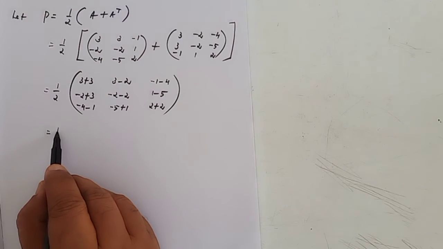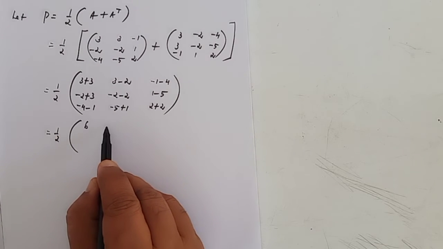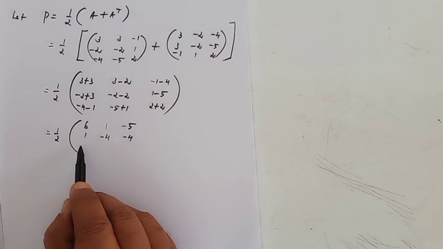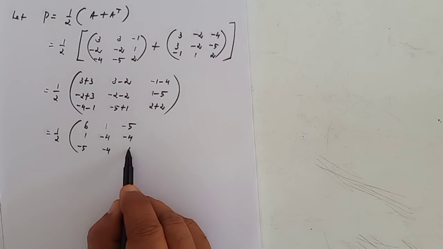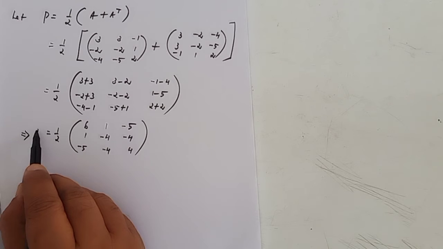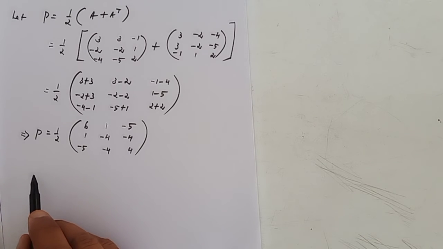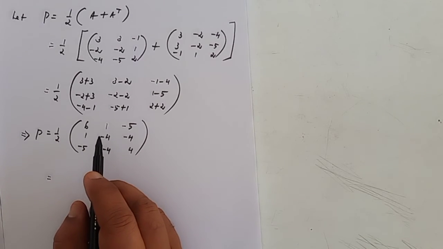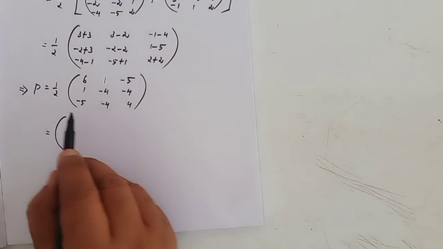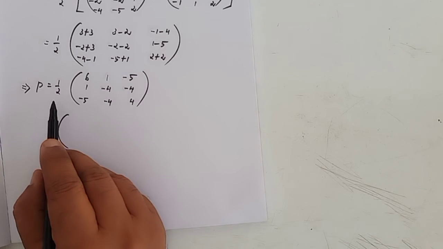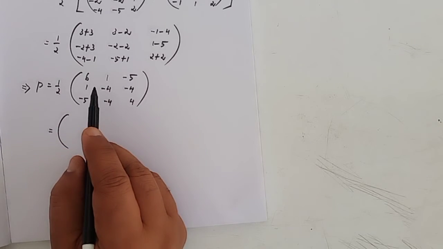That is equal to half into 6, 1, minus 5, 1, minus 4, minus 4, minus 5, minus 4 and 4. This is B. If you multiply it by half, you can directly write half into 6, but even without multiplying you can retain it. Let it be P.